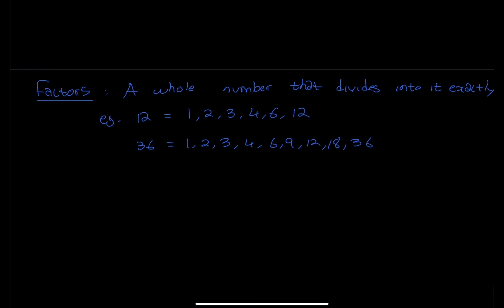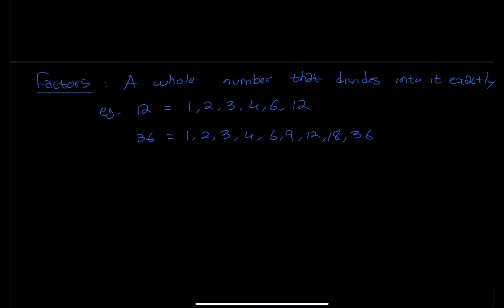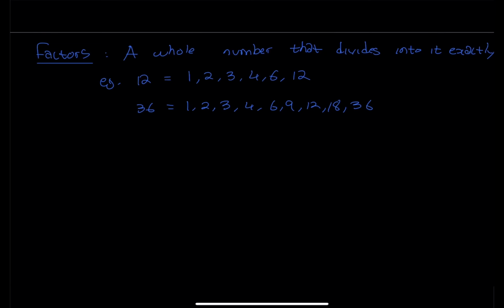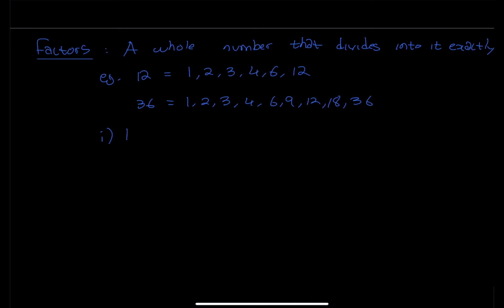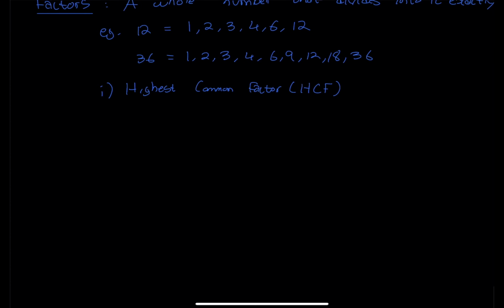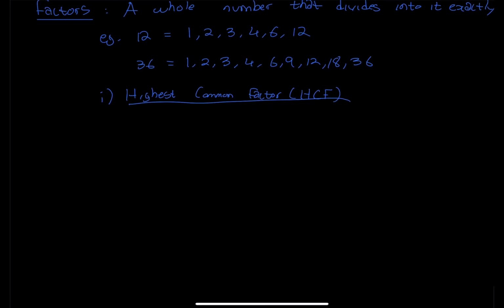Those are the factors of 36. Now, within factors, you get something called the highest common factor. It can also be referred to as the HCF. Let me just take these two as an example.